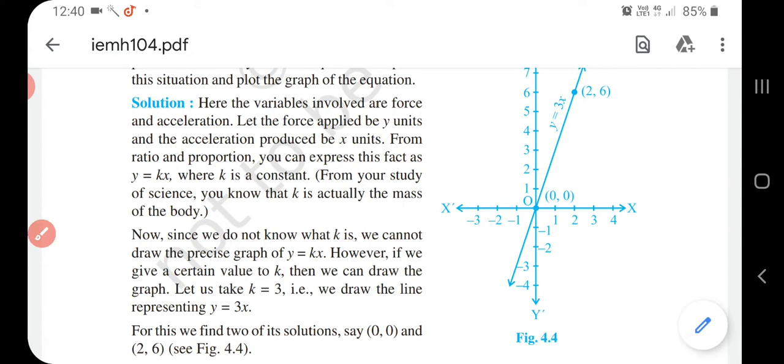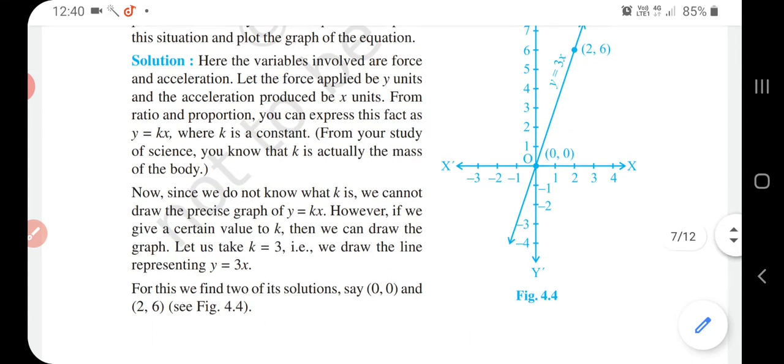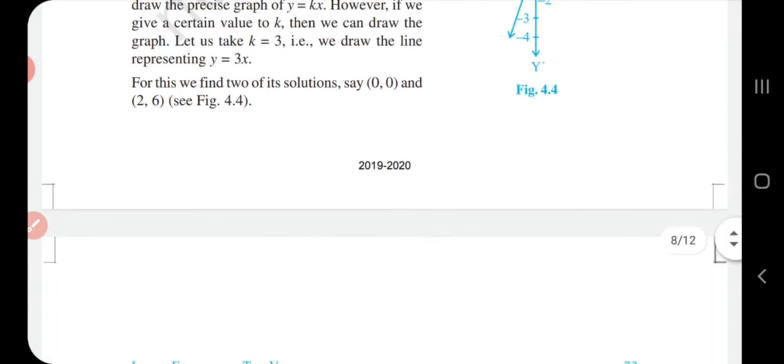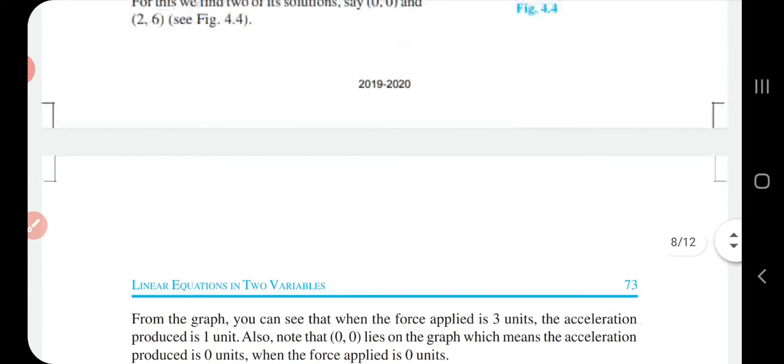Okay, now since we do not know what k is, we cannot draw the graph. So y = kx. However, first we find the value of k. Let k be 3, and you take the points (0, 0), (1, 3) and so on, and you have to draw the graph.